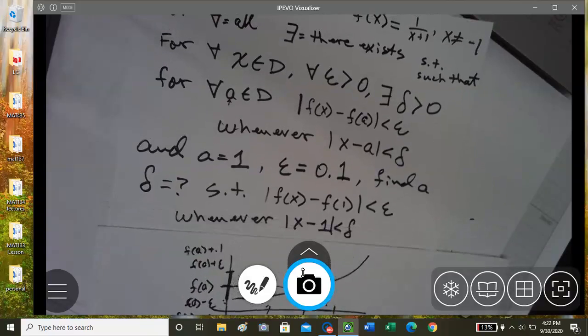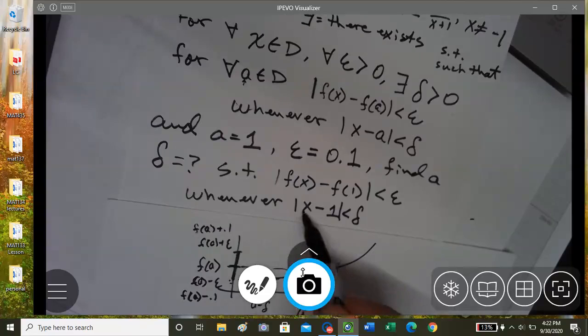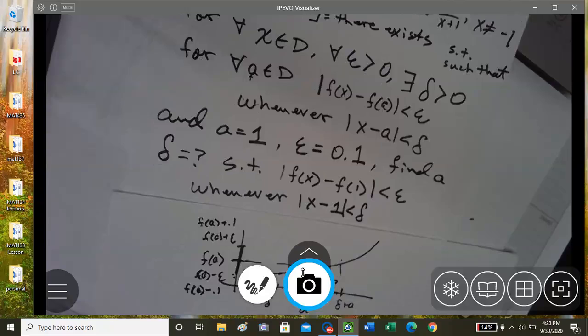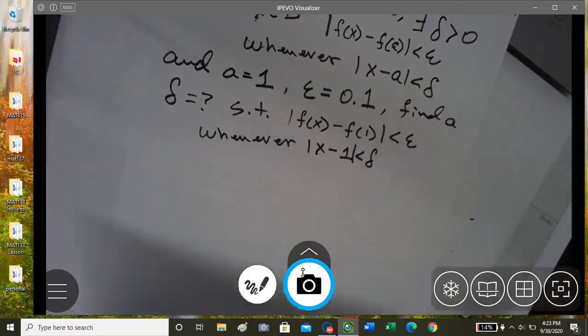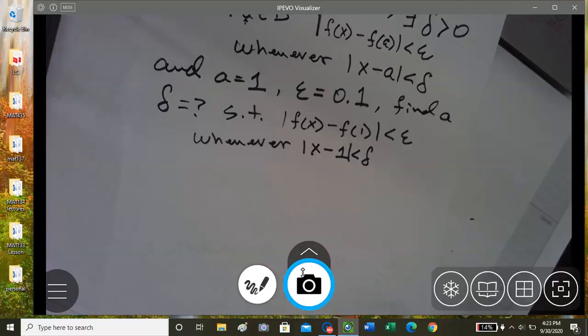All right, so whenever the absolute value of x minus 1 is, well, here's our a, our 1. So we're looking at some value x somewhere within this range, but it's less than delta, so it's got to be within this a minus delta and a plus delta range. Okay, so from here, let's do this.